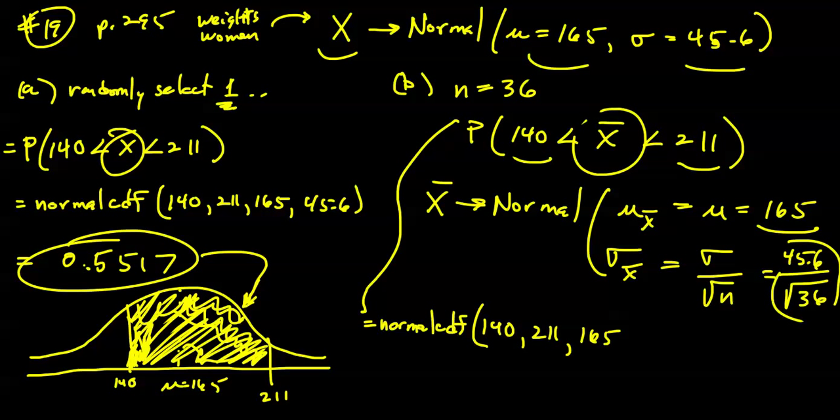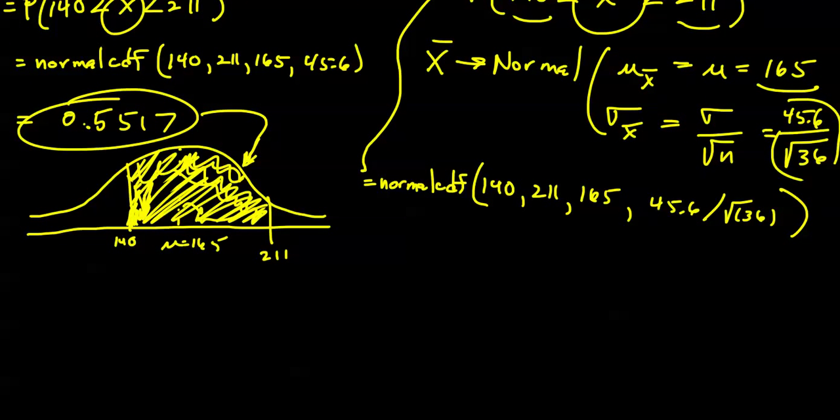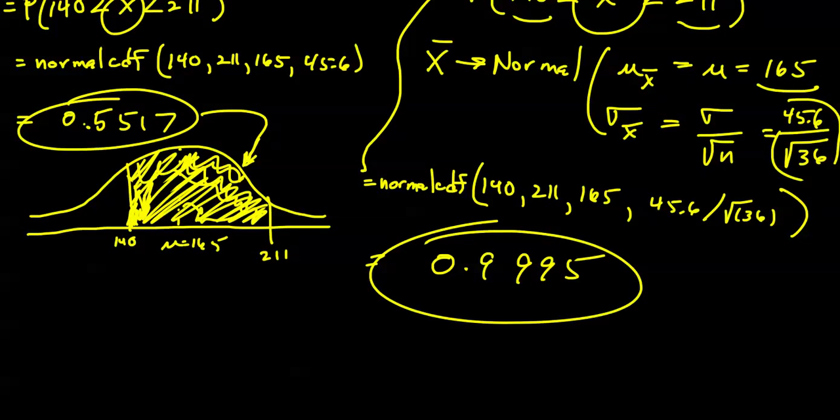The standard deviation of the sample means, I'm going to write it just like I see it here. Let the calculator do the work. If you want to do intermediate calculations to get a standard deviation before you punch it in, that's fine. Try not to round off too much. If I punch this out, I get a 0.9995.